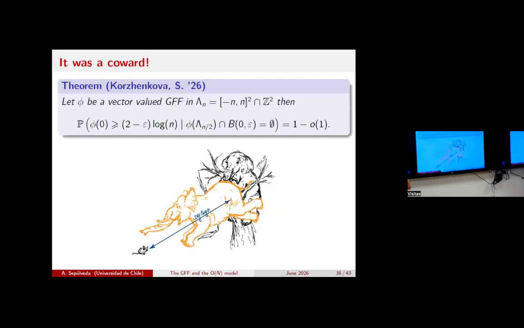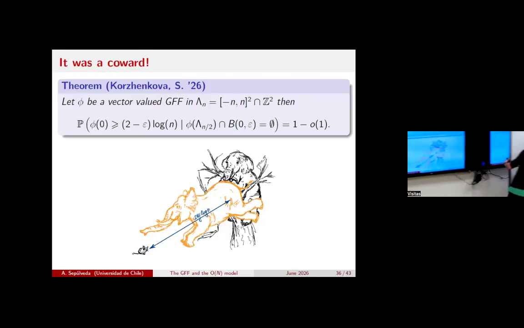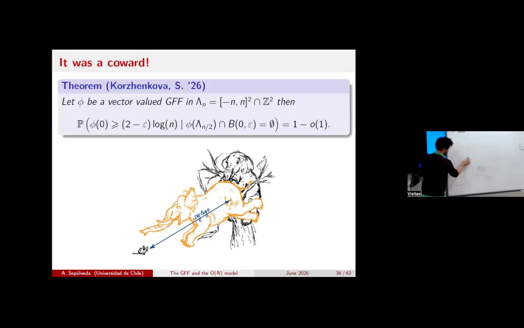If you take a typical point, let's say 0, and you condition that, let me do the drawing to be more precise. You take the GFF and you condition it.